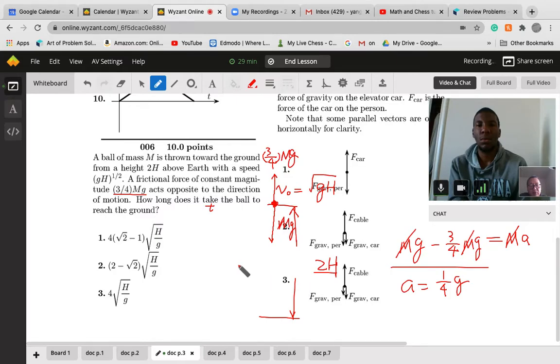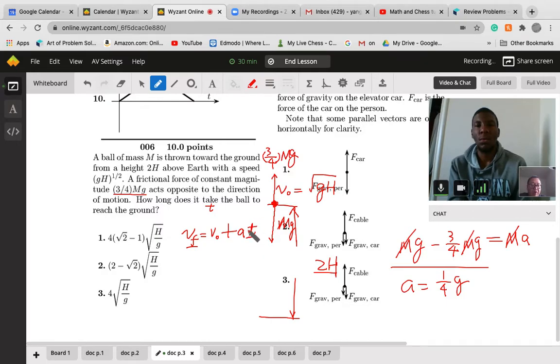Now they ask you the time when the ball reaches the ground. Here you need to use two formulas. One is final velocity equals initial velocity plus acceleration times time, right? We try to find this time, but here you don't know the final velocity. You also don't know the time.